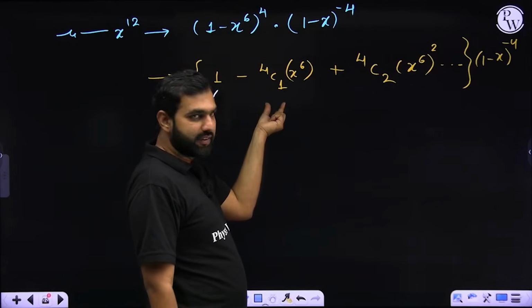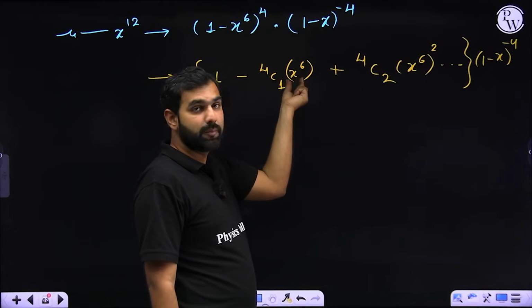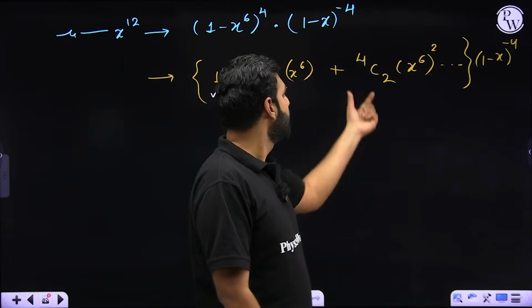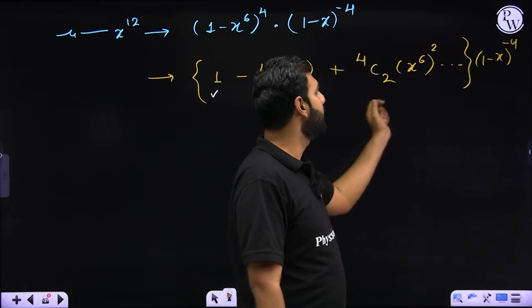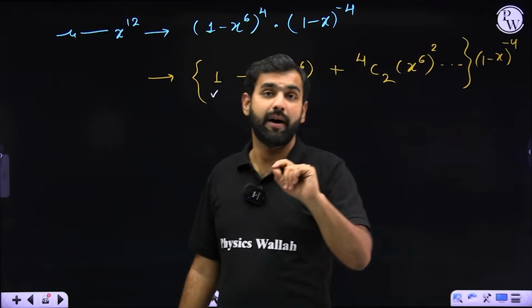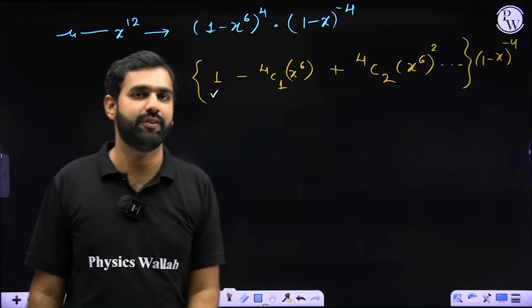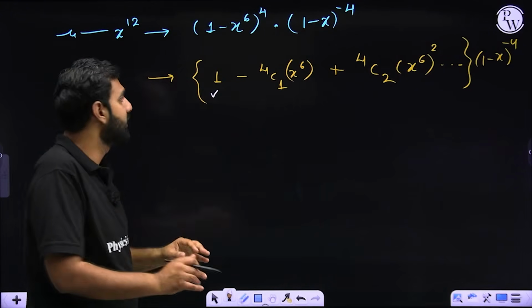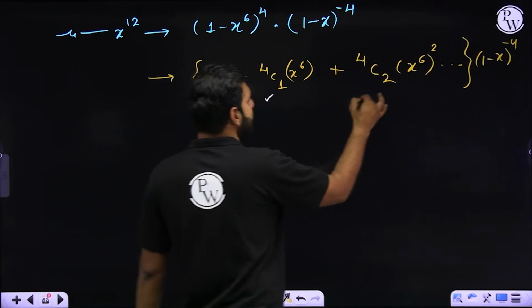Minus this 4C1 when multiplied with x to the power 6 from here will give me another coefficient. And then this 4C2 when multiplied with the term with the power of x as 0 will give me the other x to the power 12. So if I am trying to find x to the power 12's coefficient, I'll be getting it with this, this and this only.